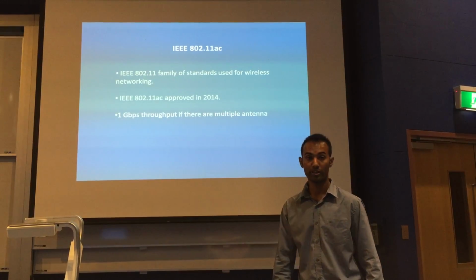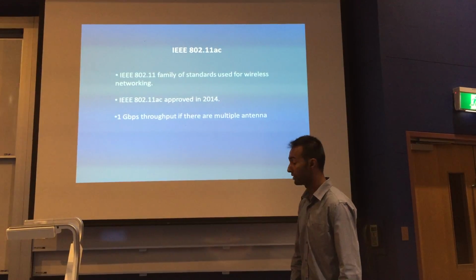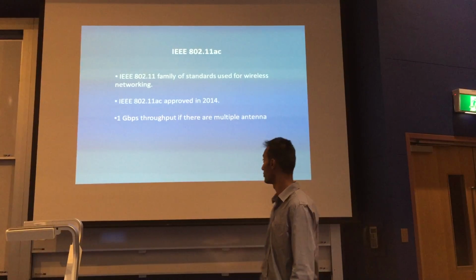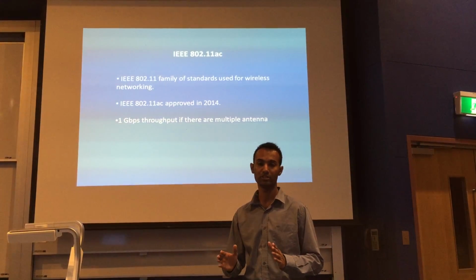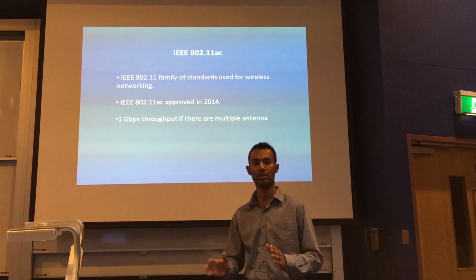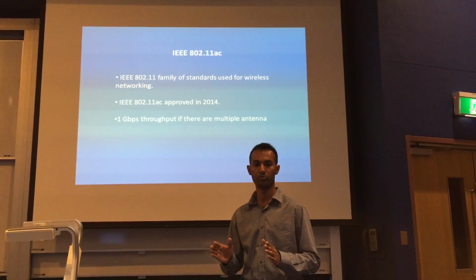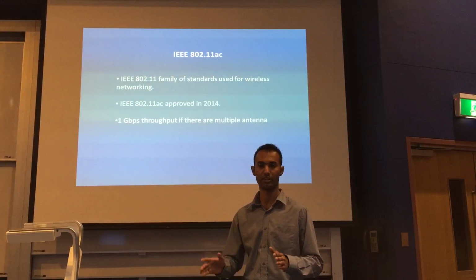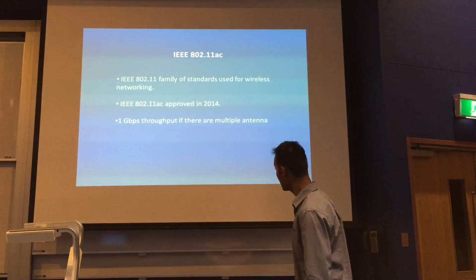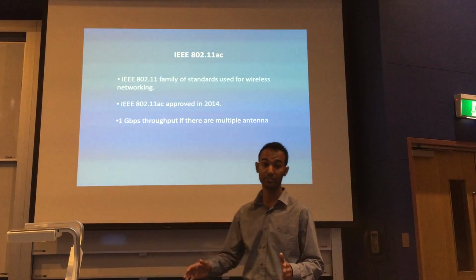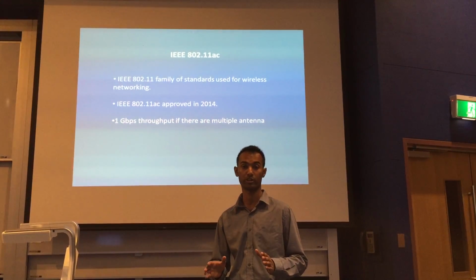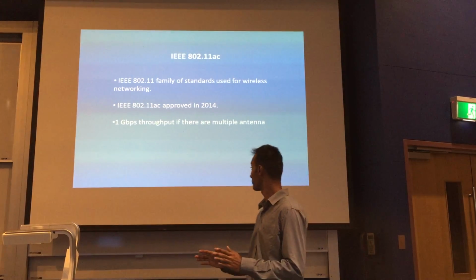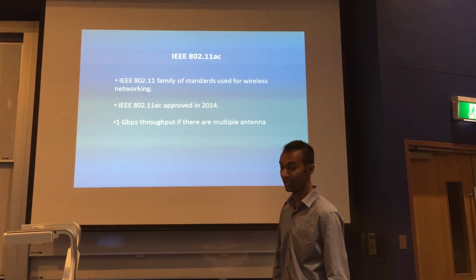IEEE 802.11 is just a family of standards that are enforced in order to run a wireless local area network. 802.11 AC is just a part of the 802.11 standard, and it was approved in 2014.